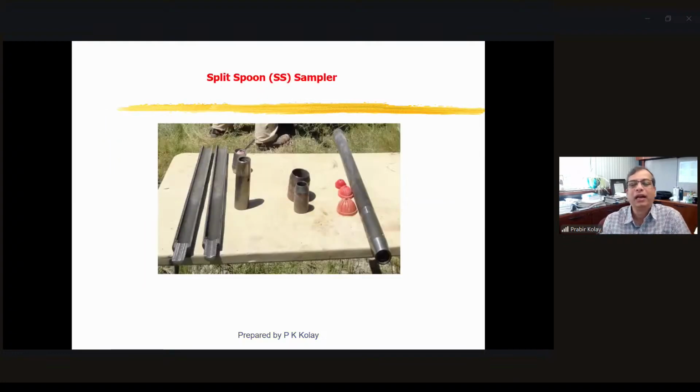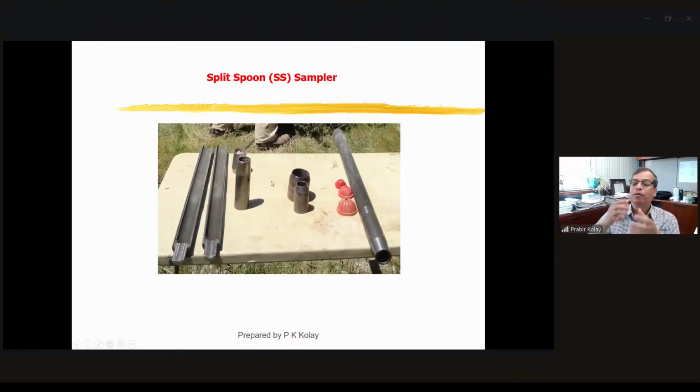This is how it looks like, the split spoon sampler. It can divide into two, and there is a cutting shoe over here, and then you see there is a core catcher over here. The core catcher should be attached like over here. You see my pointer here, so that should be attached there.